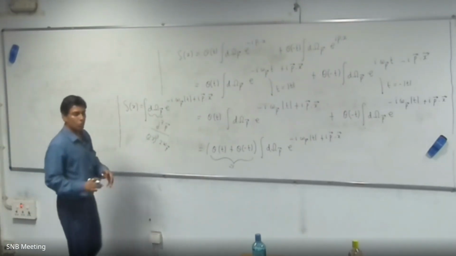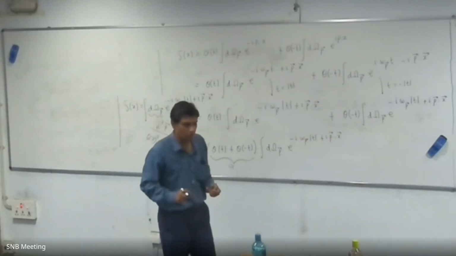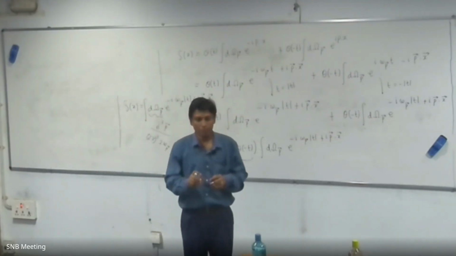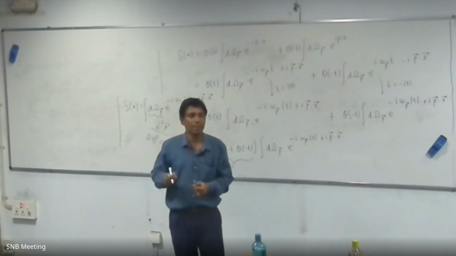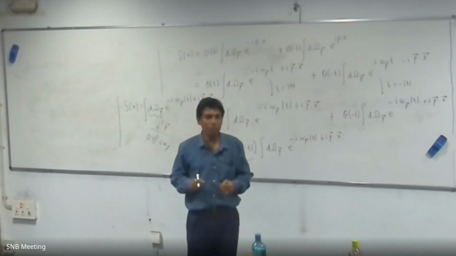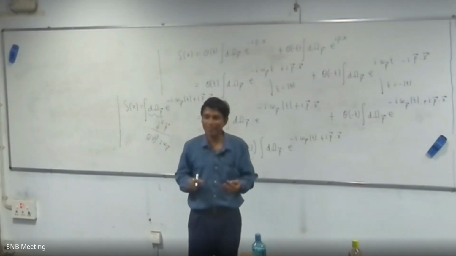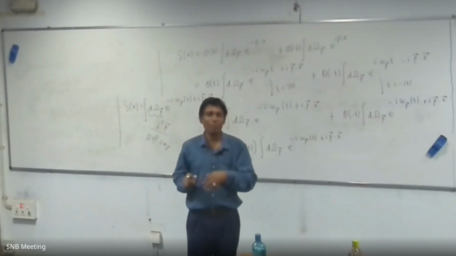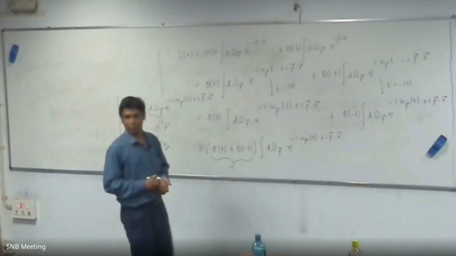Now, usually in mathematics, what do we do? If you are given an integral, you compute the integral and get an answer. Now, I'm going to do a reverse trick. The reverse trick is that from the answer, I'm going to convert it to an integral.